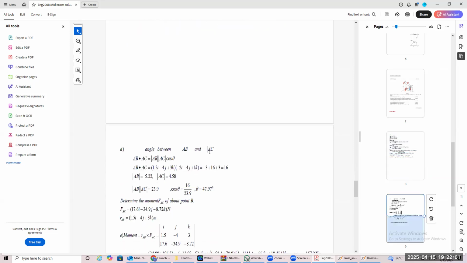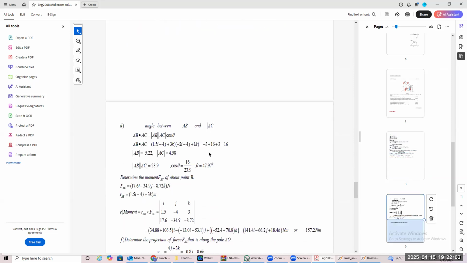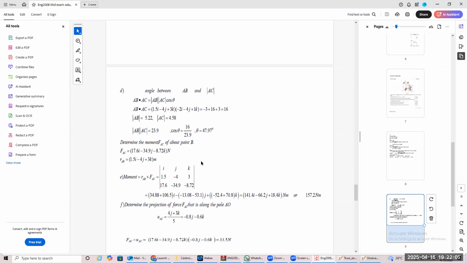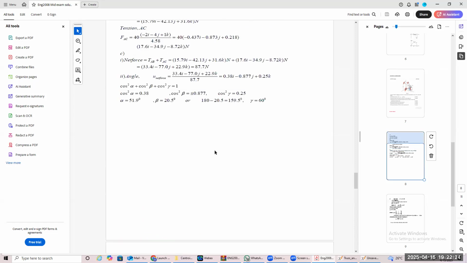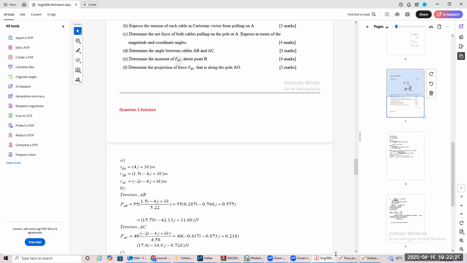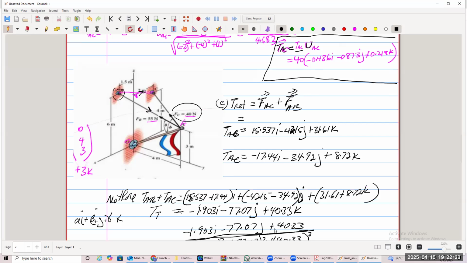If we check back the working, it looks like the answers are a little bit different here. I don't know if I made an error while doing it. It says 16 here. Let's check that. How did we get 16 here? Let's check the working if I made an error while calculating it.